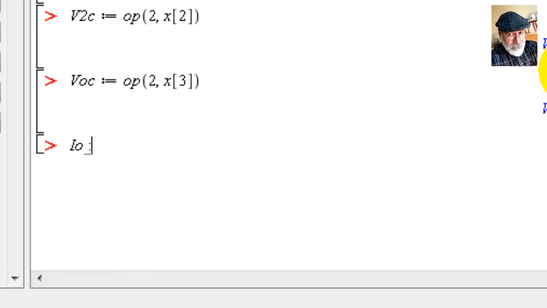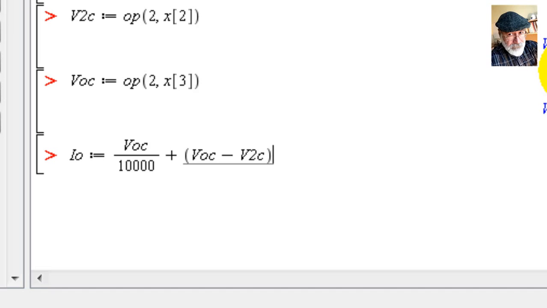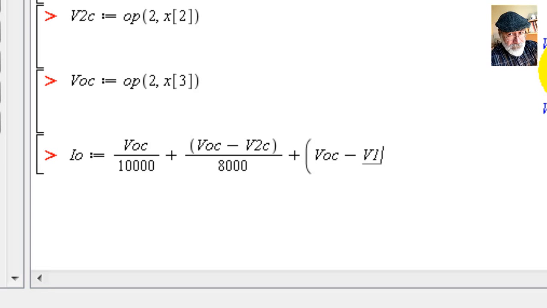I0 is defined as V0 calculated divided by 10,000 ohms plus the current at the bottom, V0 calculated minus V2 calculated divided by 8,000 ohms, and the current at the top, V0 calculated minus V1 calculated divided by 1,000 times R. Why 1,000 times R?